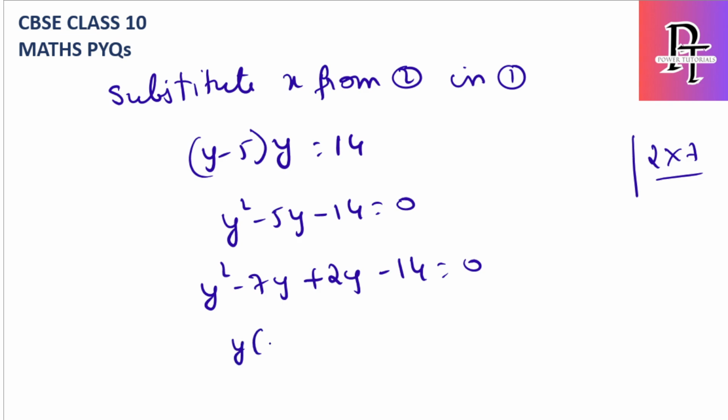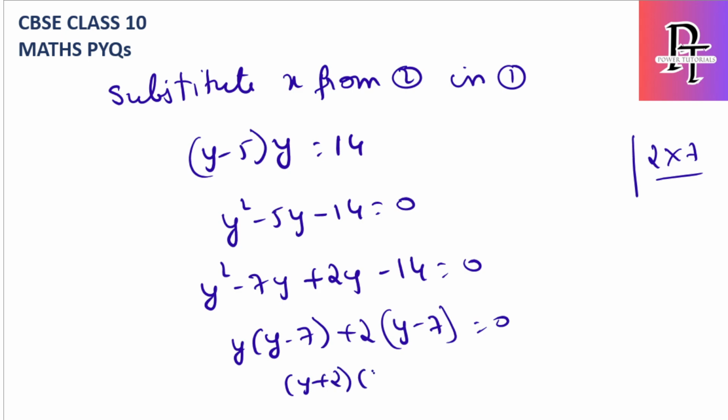If I take y as common, it becomes y minus 7 into y plus 2 is equal to 0. So we got the y values as minus 2 comma 7.